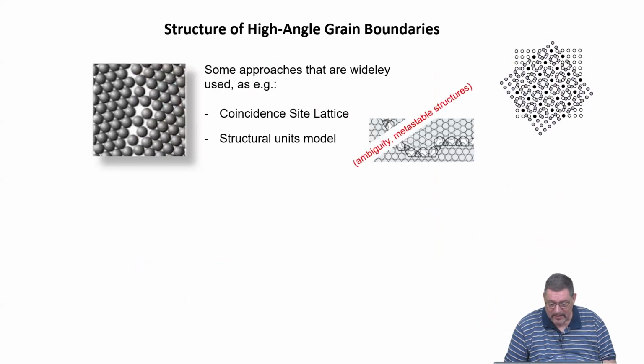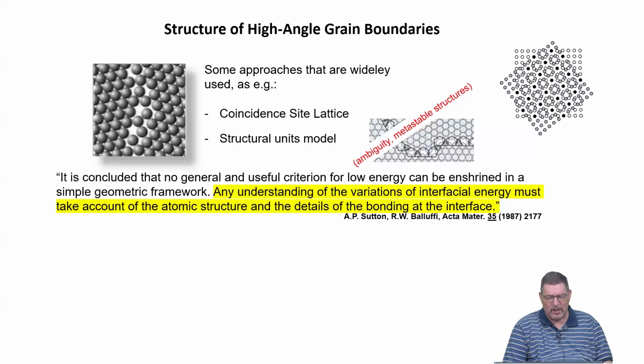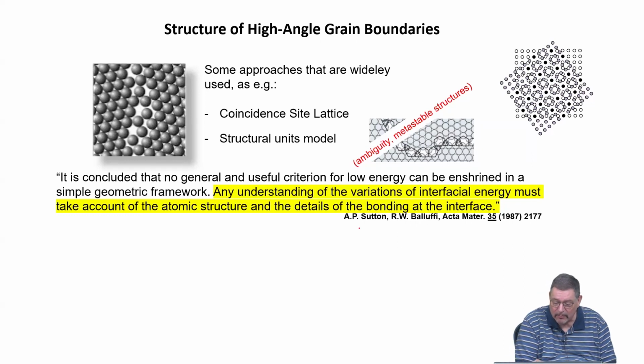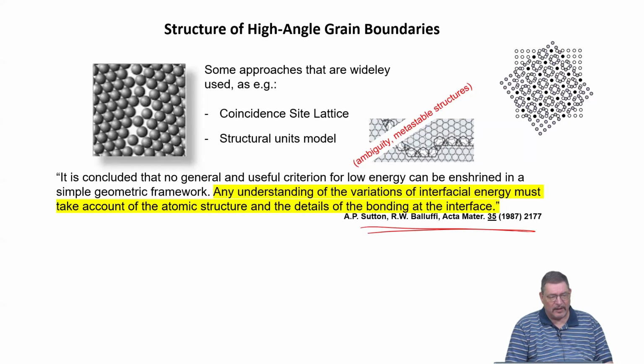So, summarizing the structure of high-angle grain boundaries, there are several models. I think the coincidence site lattice model is not really complete in order to describe them. The structural units model, even though it has weaknesses, is normally sufficient to describe the general properties of, let's say, your ensemble of grain boundaries, but any understanding of specific grain boundary properties and features, I think, needs to take into account atomic structure, and I agree very much with what Sutton and Balluffi already wrote in 1987.